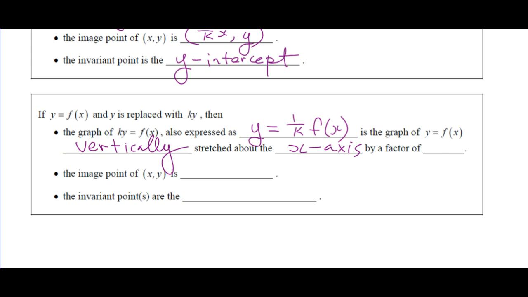Anyways, by a factor of the absolute value of 1 over k, because again, if k is negative, then we've got a stretch followed by a reflection. The image point of x, y is x and 1 over k y. And the invariant points are the x-intercepts, of which there can be many.